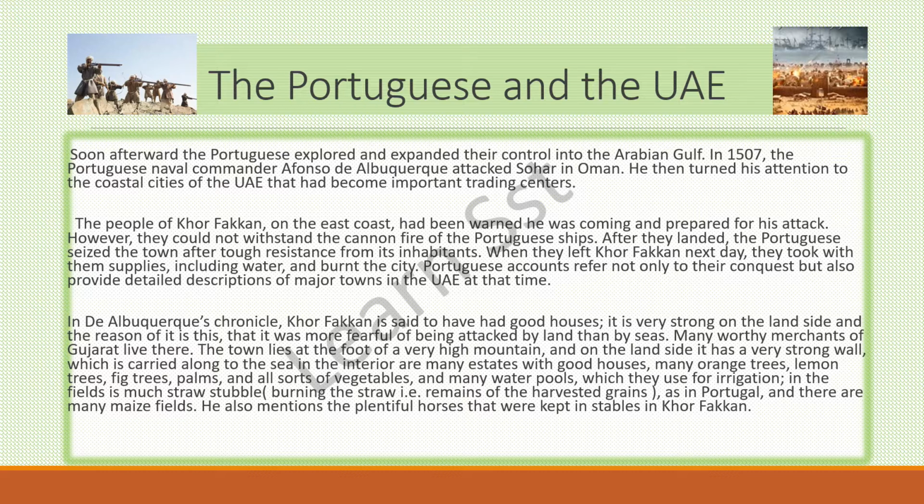In the fields they followed the practice of burning straw stubble, the waste remains of the harvested grains, like rice, wheat, or maize. As in Portugal, the same manner was followed here. There were lots and lots of maize fields, or corn fields. He also mentions the plentiful horses kept in the stables in Khorfakkan.